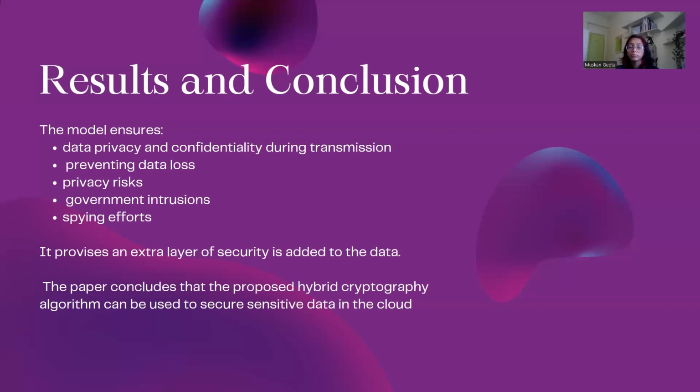Moreover, the paper concluded that the proposed hybrid cryptography algorithm can be used to secure sensitive data in the cloud and can be a useful solution for businesses and organizations that want to ensure the security of their data.